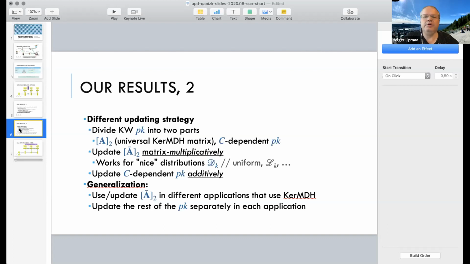So if you have any pairing-based application where your security relies on Kerr MDH, maybe in all those applications, you could just use a single matrix that has been updated by, I don't know, some blockchain or whatever. And when you are interested in a new application that uses it, you just specialize. And like I said, together with specialization, you can also update the proofs. So that would be all.